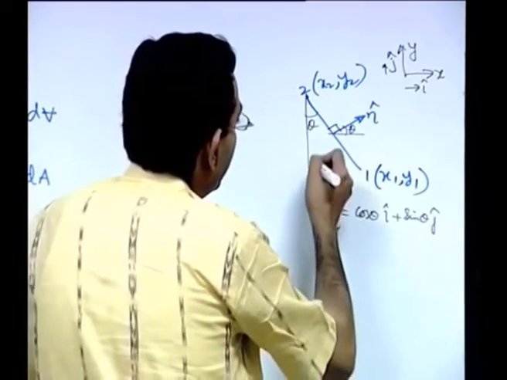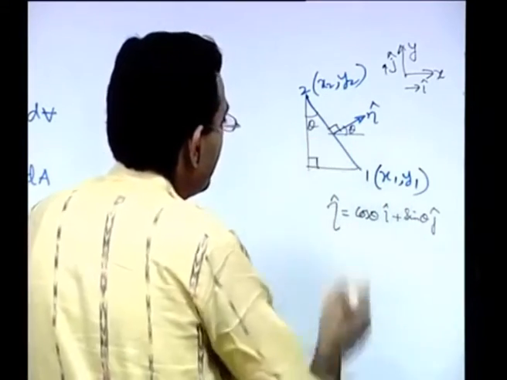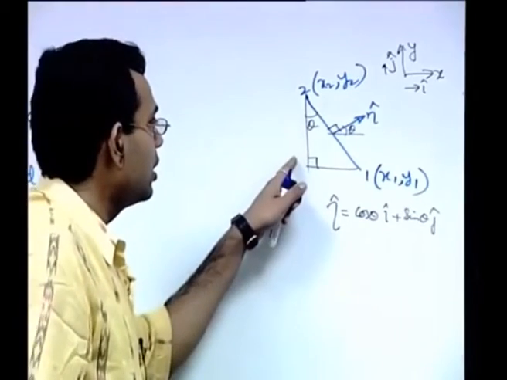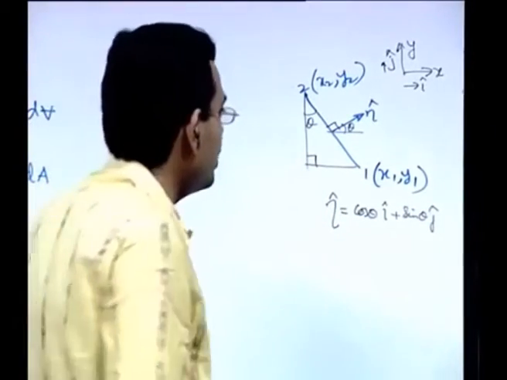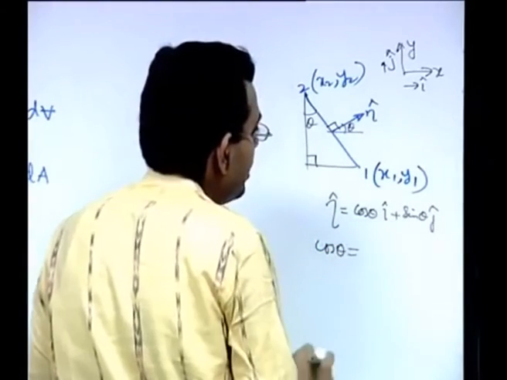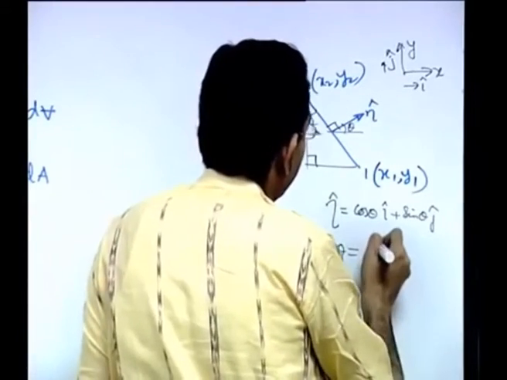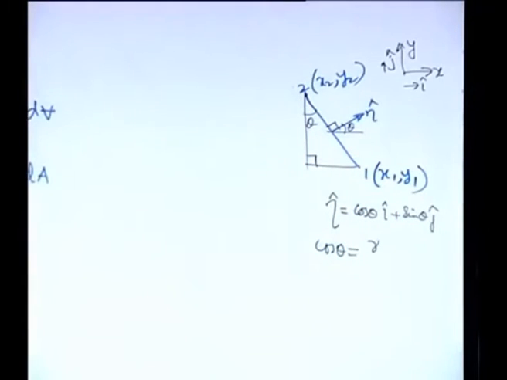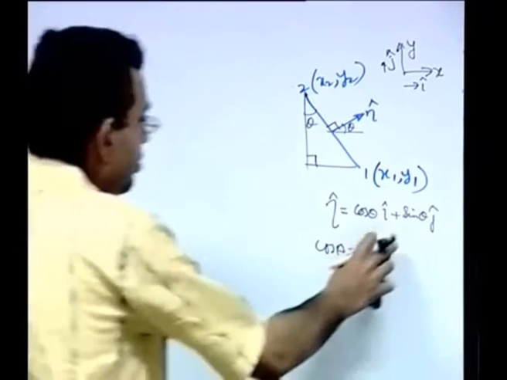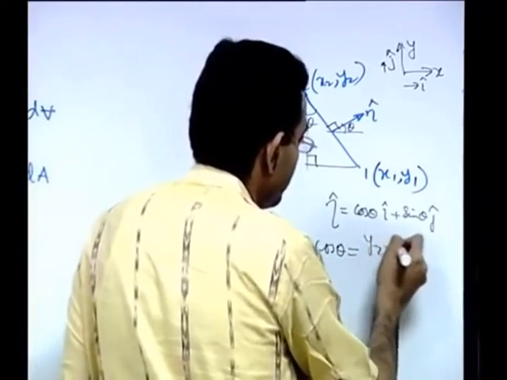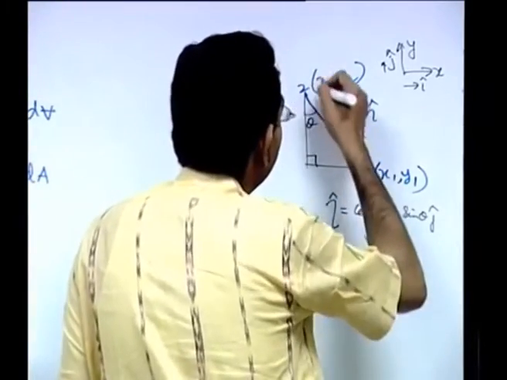Now, from the right angle triangle that we can form, we can make out what cos theta is. Cos theta, in terms of the y coordinates, is y2 minus y1 by the length of 1 2.